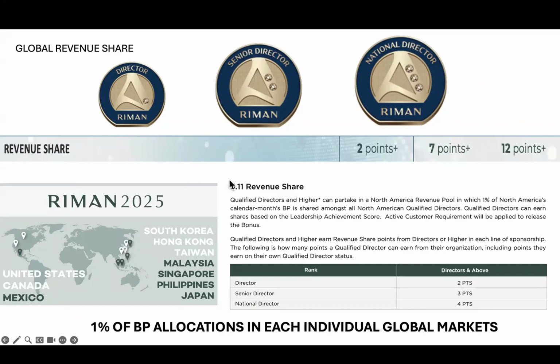Even if another national director, senior director, or director is not on your team, it's still a cool way to get paid on someone else that's not a part of your organization. But it's all a revenue share of 1% of the BP per international market, as long as you are participating with a team in those markets.